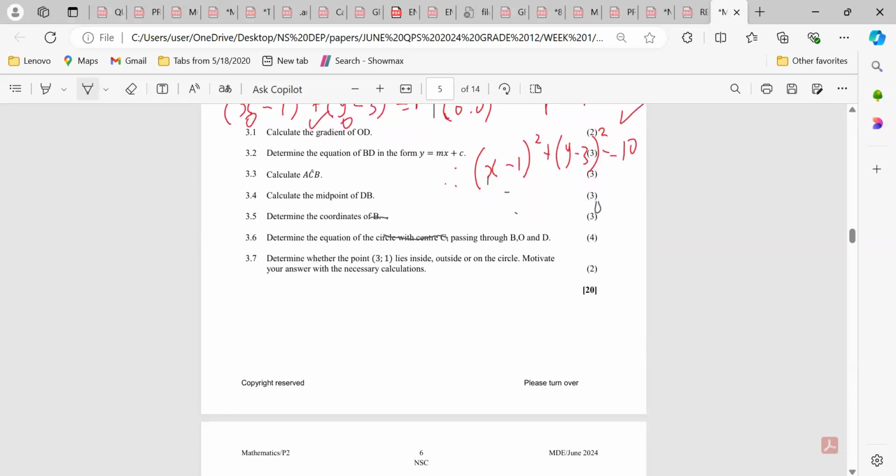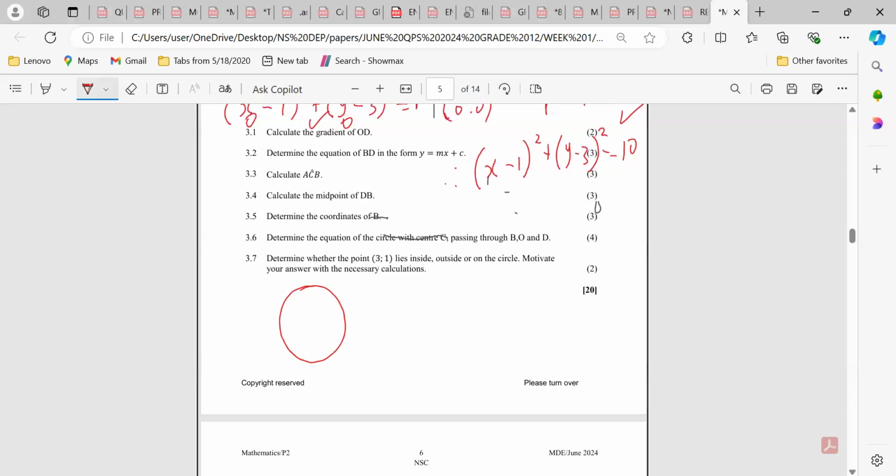You have a circle which has the center (1;3), and then you have this point, which is (3;1). You're going to calculate the distance of this (3;1). If the distance is equal to the radius, not the radius squared, we're going to calculate the radius first.